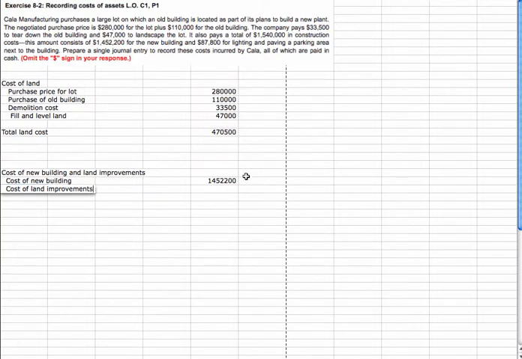The land improvements, which was the $87,800. Now remember, what is land improvements? Those are the things that we do to the land to make it better, like lighting, parking lots, planting shrubbery, and all that other stuff. So that gives us the total cost for the new building and land improvements.